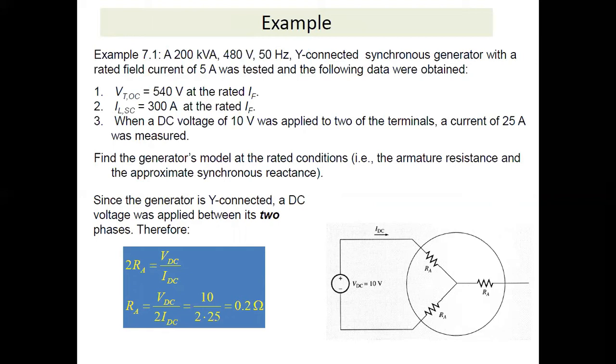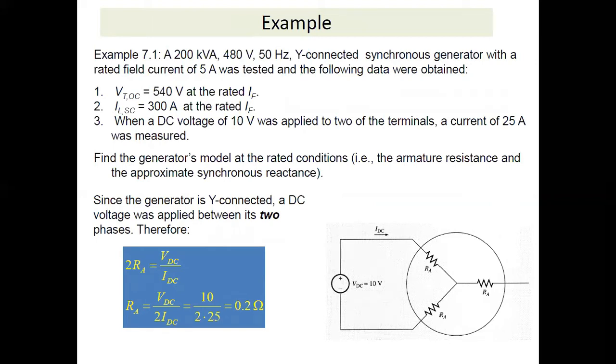That is, the armature resistance and the approximate synchronous reactance. Since it is Y connected, the DC voltage was applied in between its two phases. Therefore, resistance can be easily found by the formula VDC upon IDC.